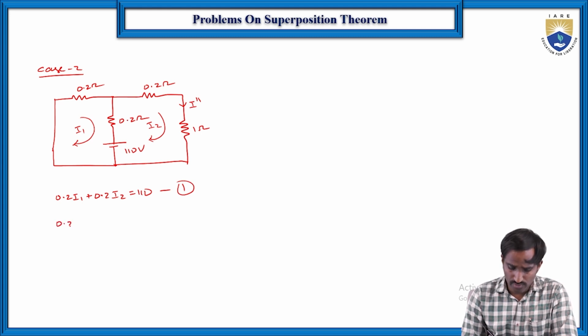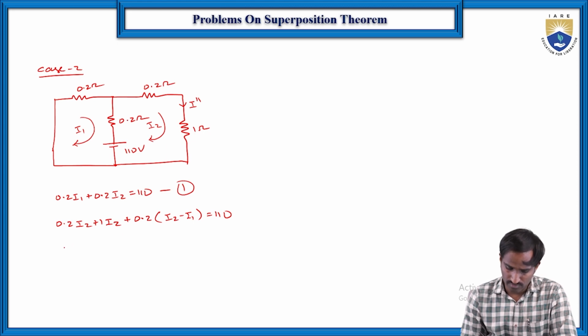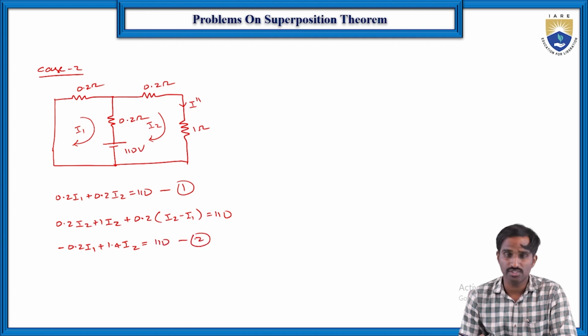And equation number 2 is 0.2 into I2 plus 1 into I2 plus 0.2 into I2 minus I1, which is equal to 110. Then if you simplify this, you will get minus 0.2 I1, of course the same equation, plus 1.4 I2, which is equal to 110. So let us consider this is equation number 2.